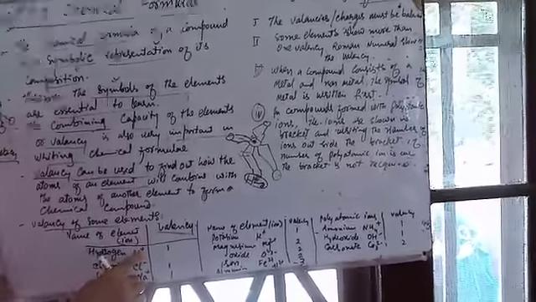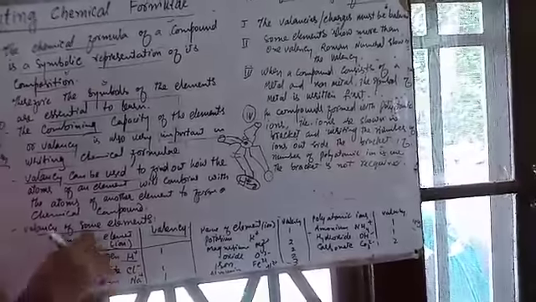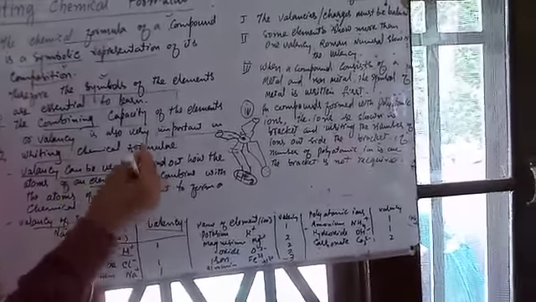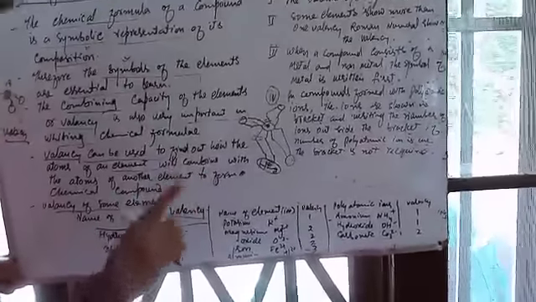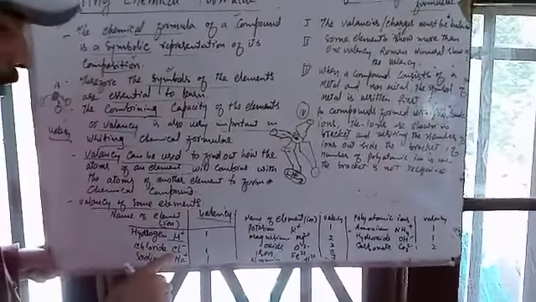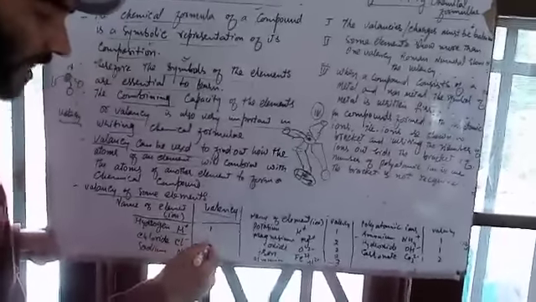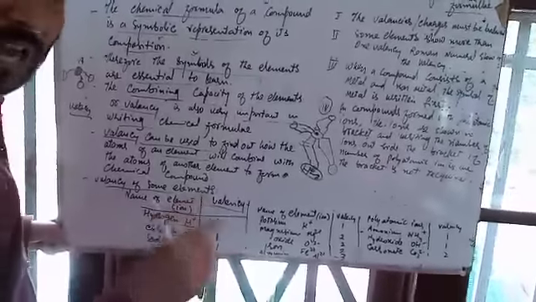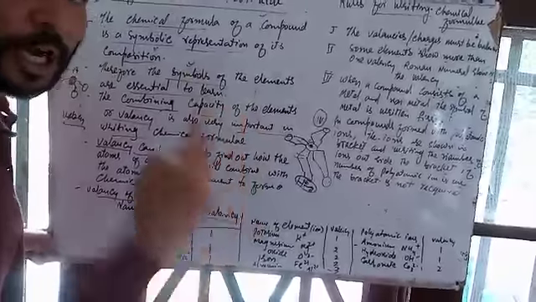The number of signs present on the element represents the number of its valency. For example, it has 1 plus sign, that means valency 1. Chloride, chlorine has one negative sign, that means valency 1. Valency means combining capacity, that means hydrogen can combine with only one other atom, not two atoms. Chlorine can combine with one other atom.